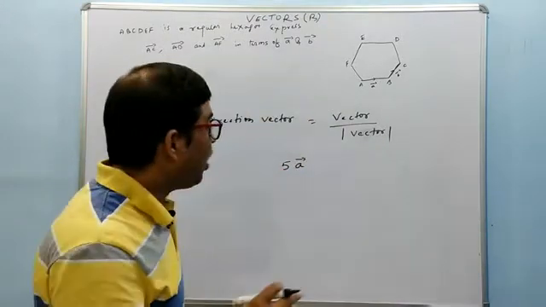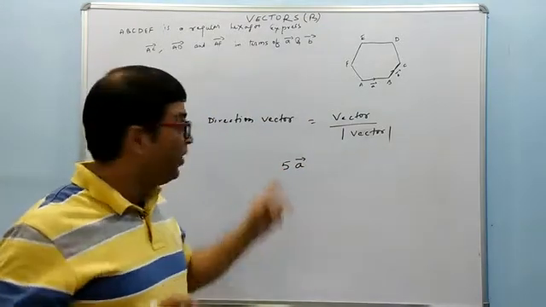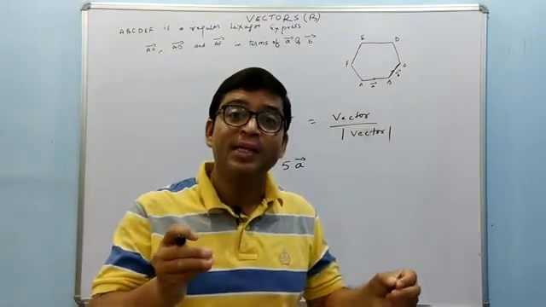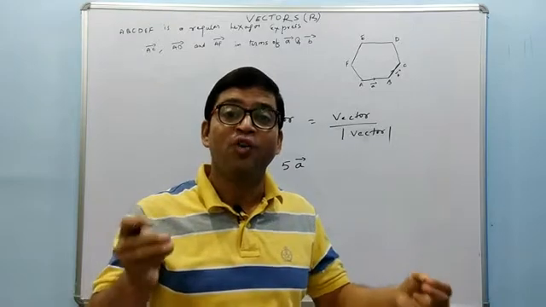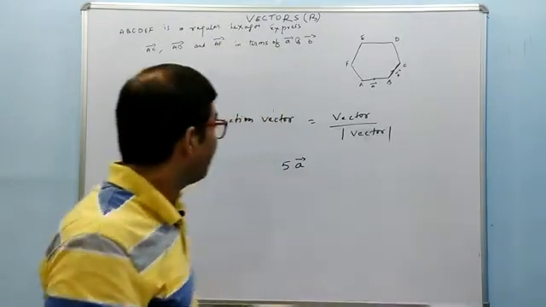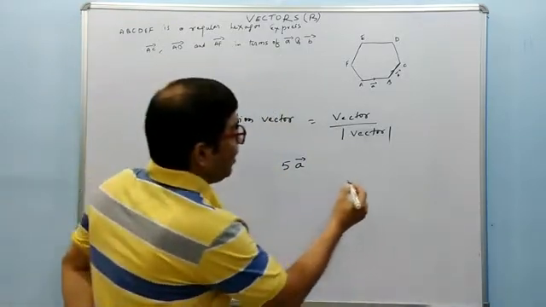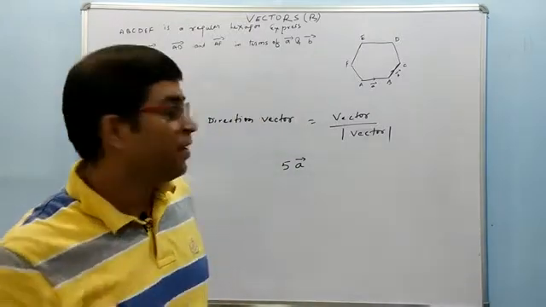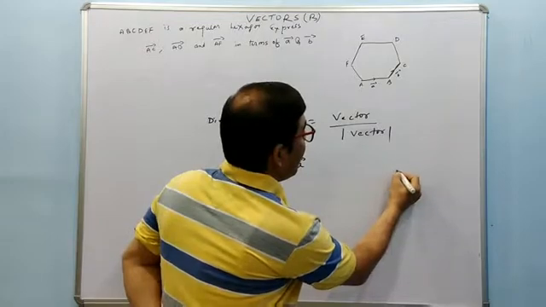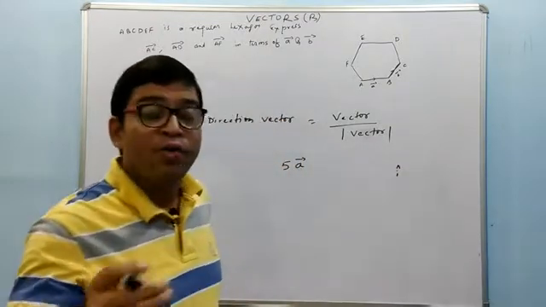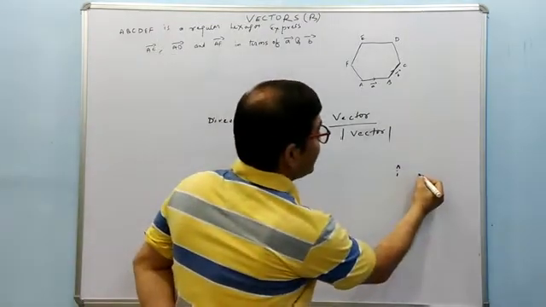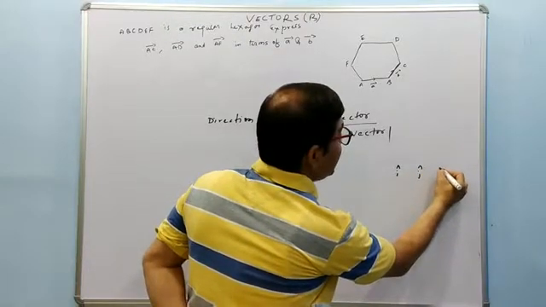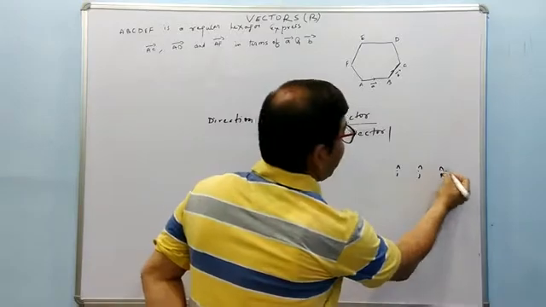See, now what are the unit vectors? We have just seen a vector whose magnitude is just 1 and it has only direction. Now we will see the unit vector along the x-axis is taken as i cap, along the y-axis as j cap, and along the z-axis as k cap.